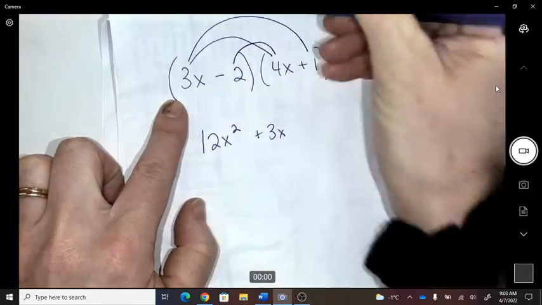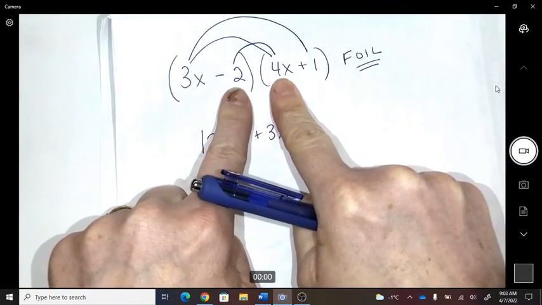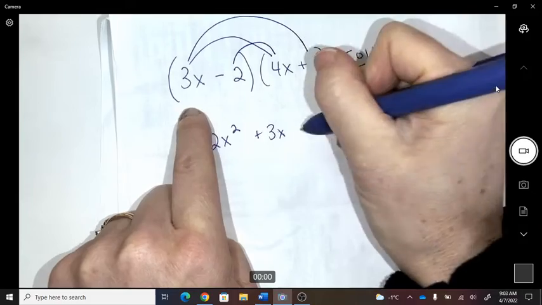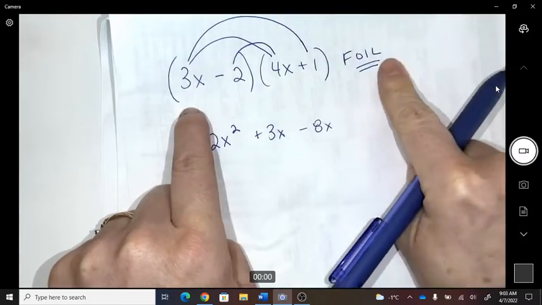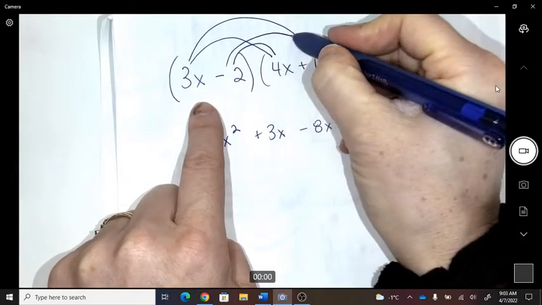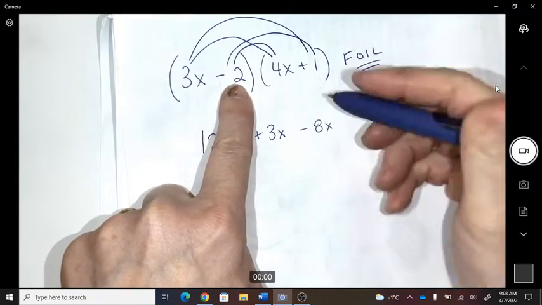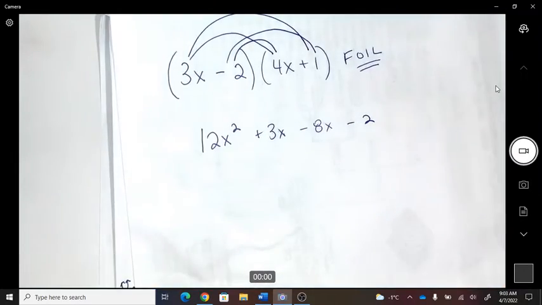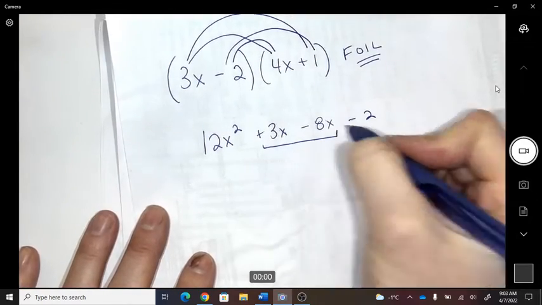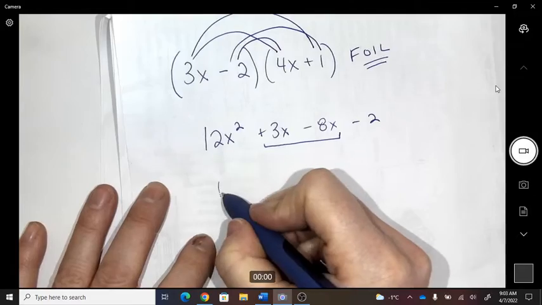Insides, so the inside will make a negative 8x. And then the last, so this times this is negative 2. Okay, so that's that FOIL system. Then we can put those two together.